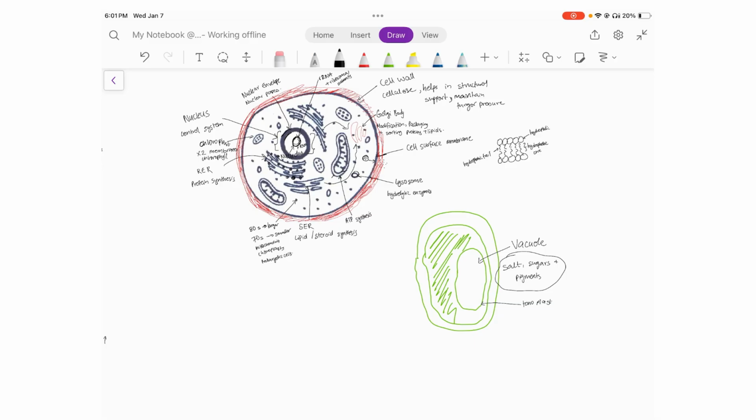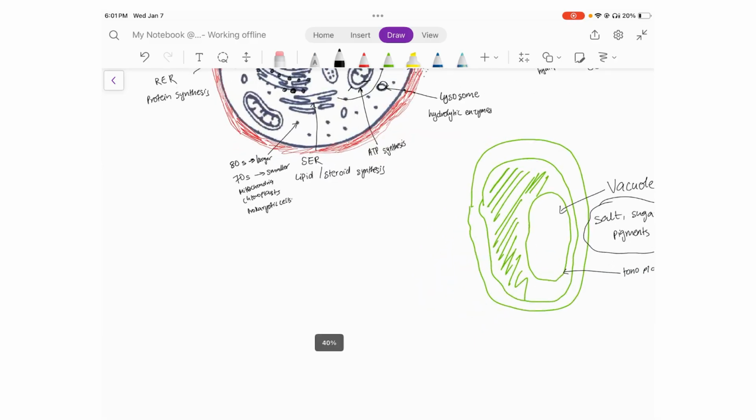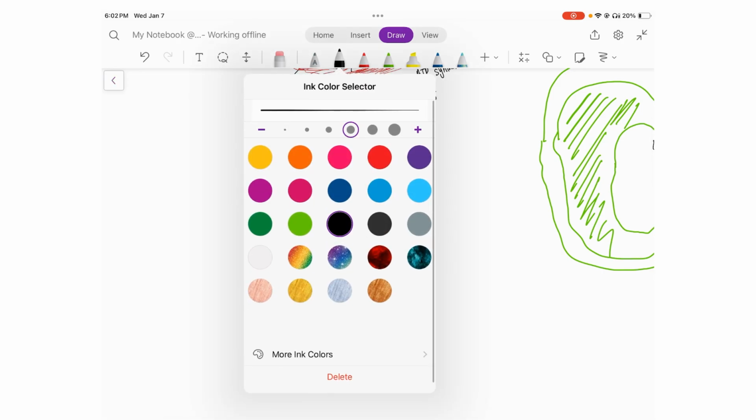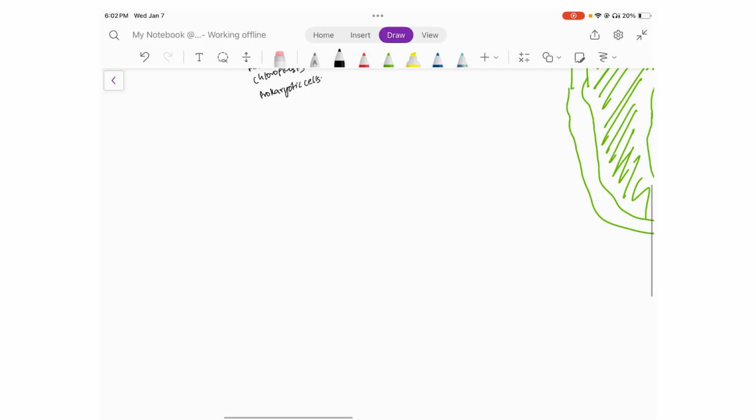Now, in some cells, which are basically too big, let me just draw a random cell over here. So cells that are too big have a very large area to cover.